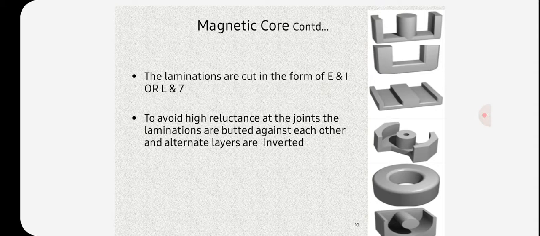The laminations are cut in the form of E, I, O, R, L and so on. To avoid high reluctance at the joints, the laminations are butted against each other and alternate layers are inverted.